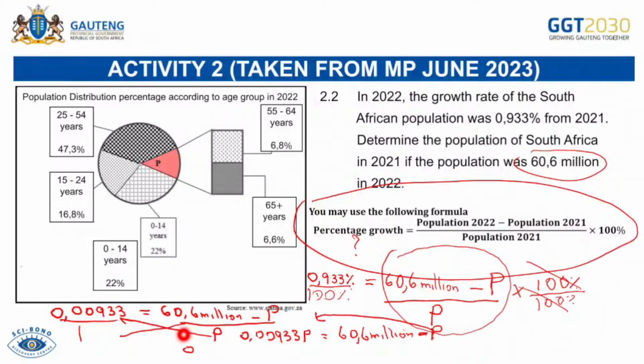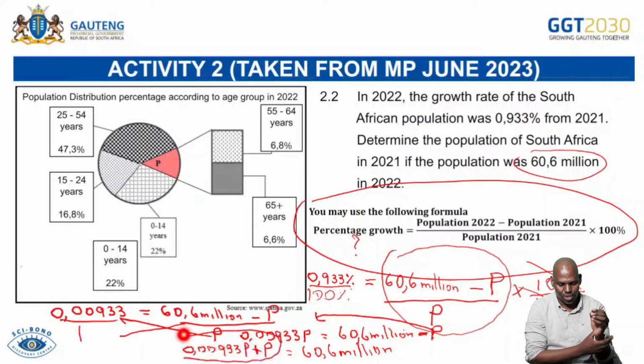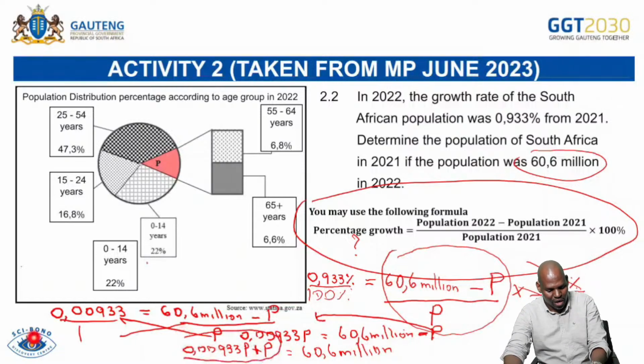If I take it to the left hand side, I get 0.00933 P plus P, and then 60.6 million. If I add these two, 0.00933 plus 1 is going to give me 1.00933. I'm going to write it here: 1.00933 P equals 60.6 million.